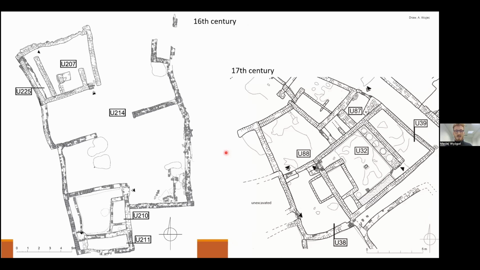The 16th century house compound was built in the same location as the 14th century, so also only this southern half was sampled. It included also this house with a residential unit and a storage.